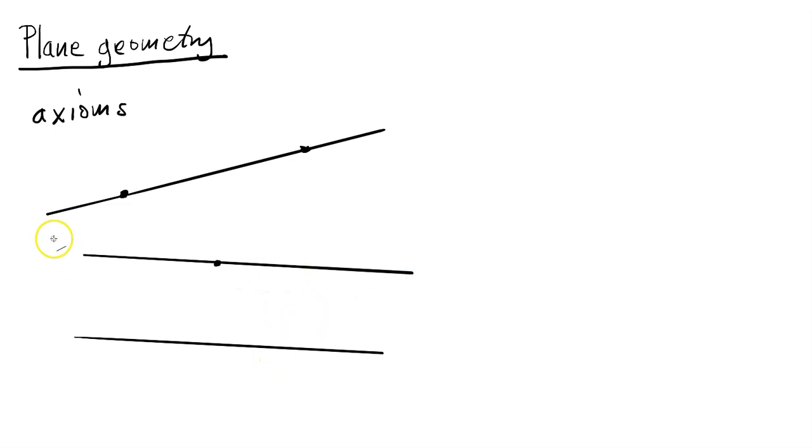So these are parallel. If you have 2 lines, L and L prime, you denote that they are parallel by writing 2 parallel lines like this. That means that no matter how far you go along the lines, they will never intersect. So from axioms like this, you can build up the whole of Euclidean geometry, or plane geometry.